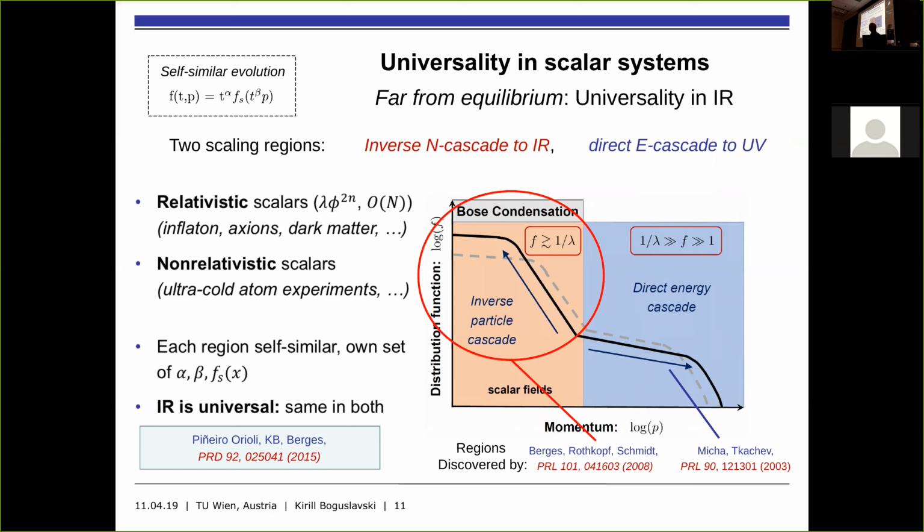We look at very different scalar systems that can model different physical situations, also non-relativistic scalars. And what you get is a dual cascade. At high momenta, above your chemical potential in the Gross-Pitaevskii equation, or above the mass for the relativistic scalar theory, you have a direct energy cascade, where energy is the conserved quantity.